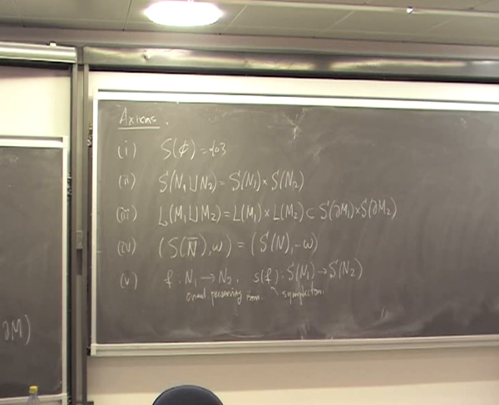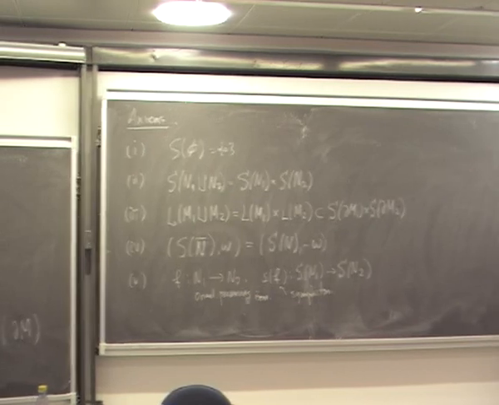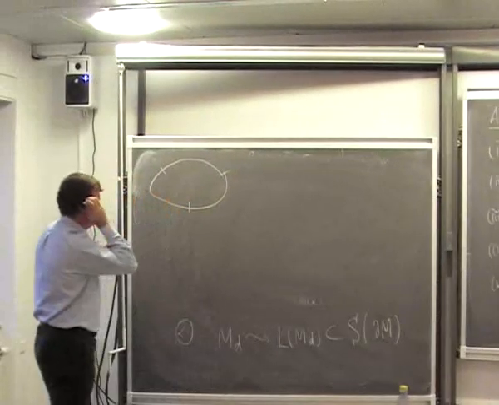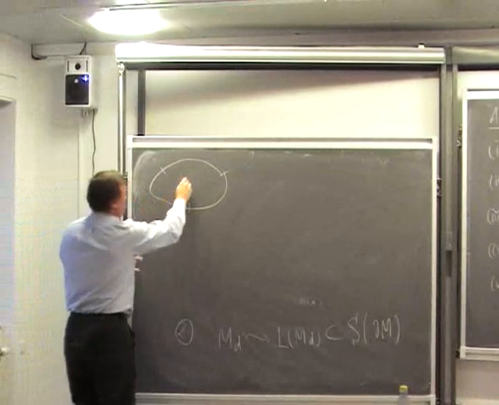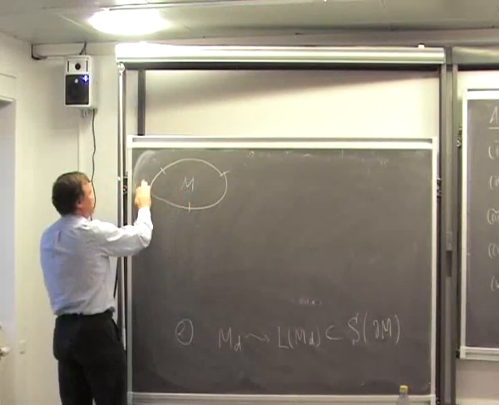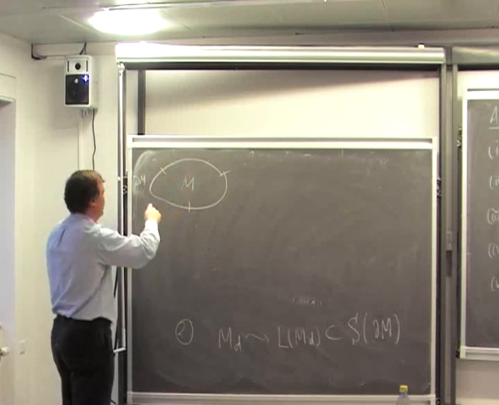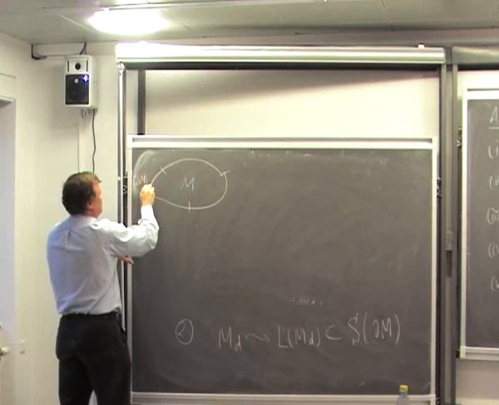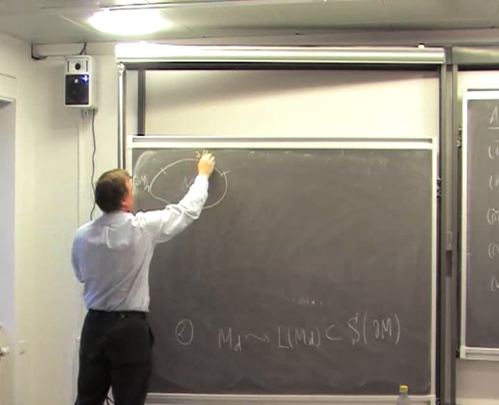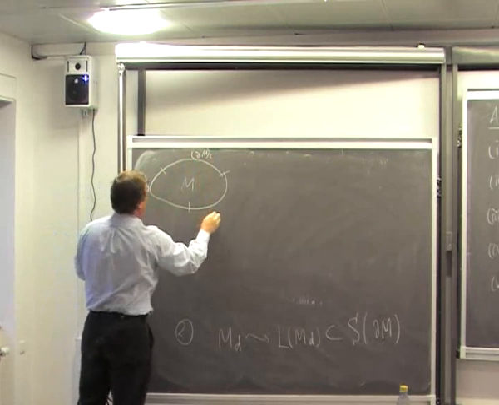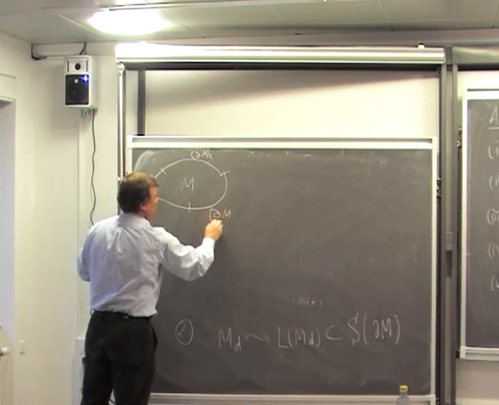And in the most general way it can be said like this. Suppose we have a manifold M with boundary components which are symbolically written like this: ∂M1, ∂M2, ∂M'.